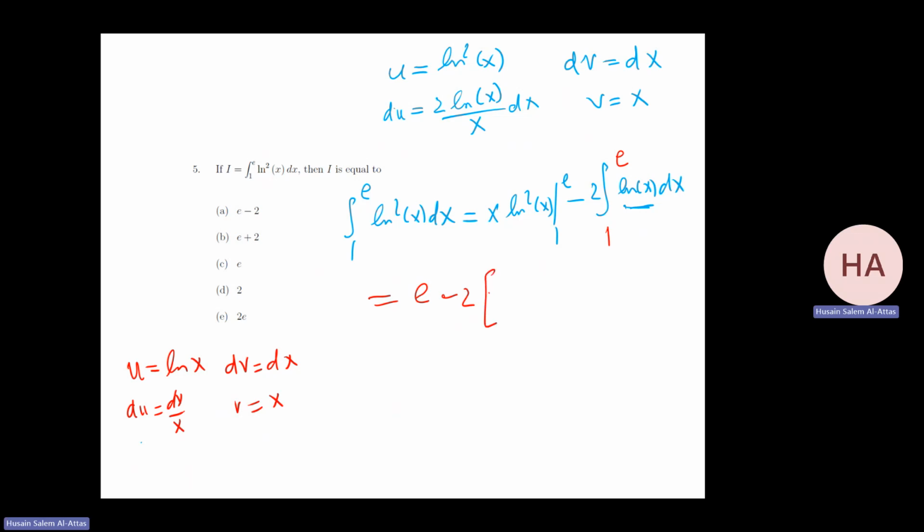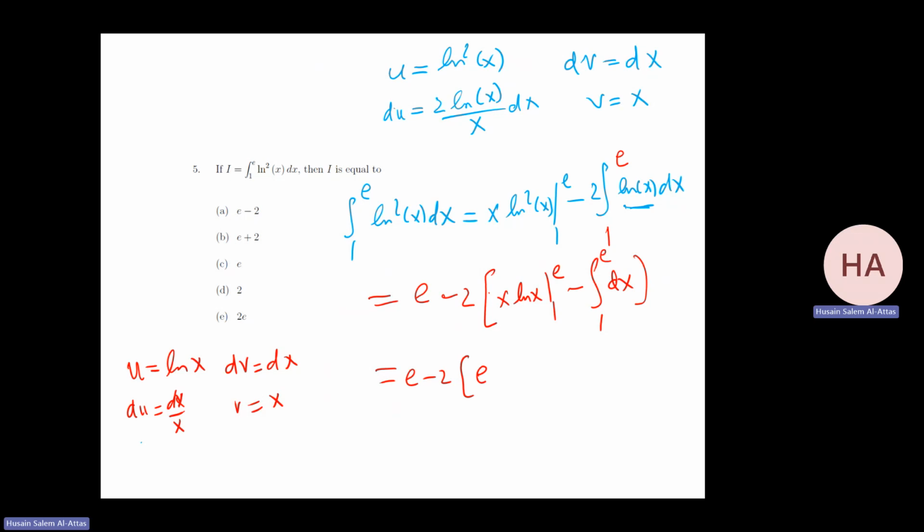That will be minus 2 times x ln x from 1 to e minus the integral of dx, because x over x is gone. Substituting e: e ln e, which is e.